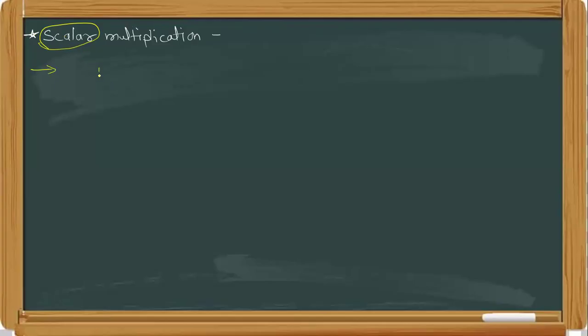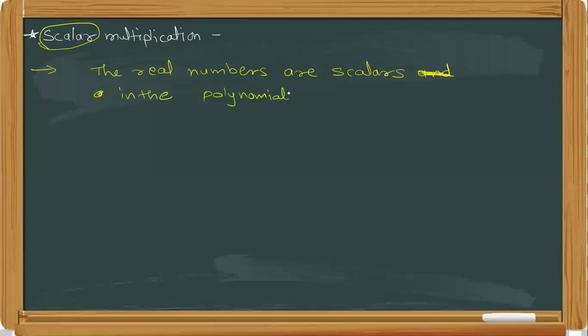See, the numbers are scalars in the polynomials. It is like the constants. Scalars equal to constants.